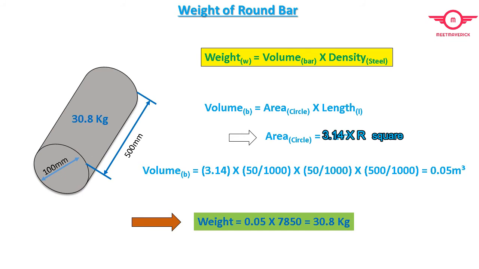So the calculation is like 3.14 into 50 by 1000 into 50 by 1000 into 500 by 1000, which is 0.004 meter cube. So weight is 0.004 into 7850, which is equal to 30.8 kg. For weight calculation of round pipe, we just need to subtract the hollow portion weight from that pipe.